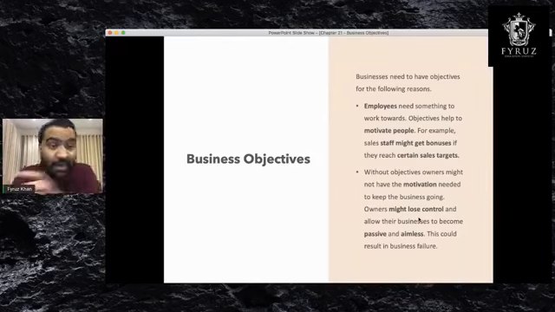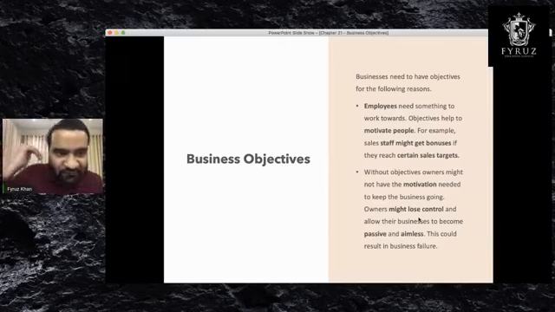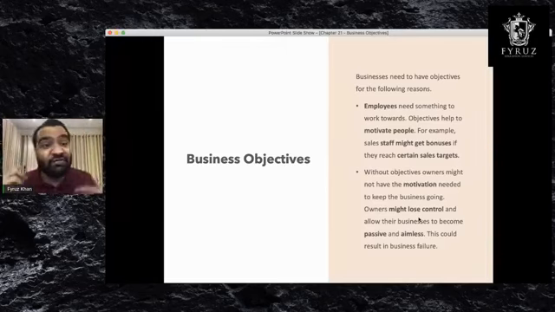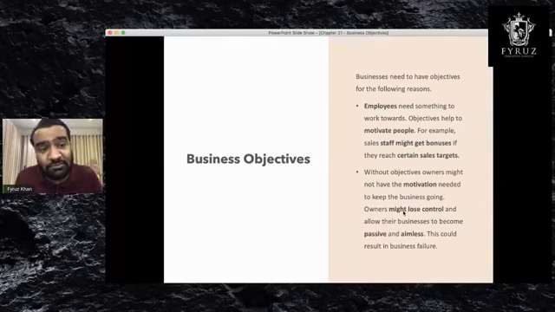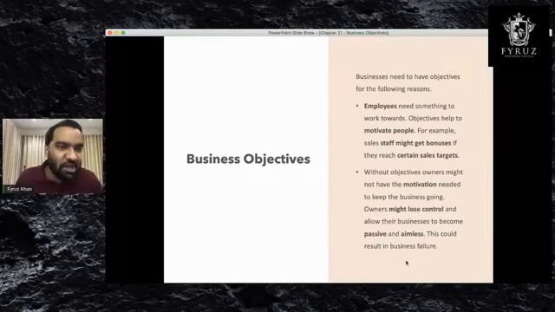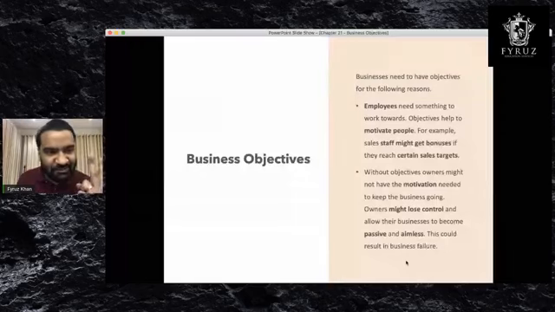I want to work here. I want to do my internship here. Similarly, in business, in every step, every year, or every quarter, you may have new objectives, long-term objectives, short-term objectives. It may differ, but you need to have objectives because without objectives, owners and employees may be demotivated. They may lose control, and it may be passive, it may be aimless. You're just lost somewhere. That's the second reason.